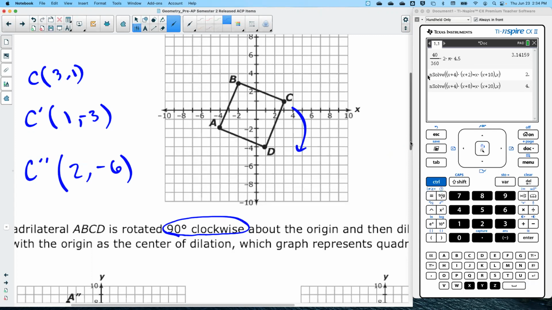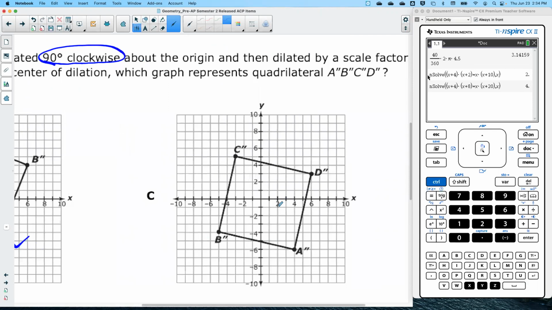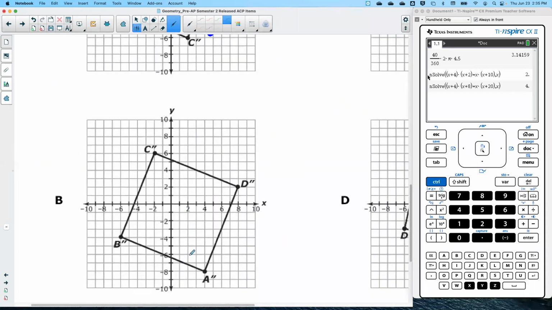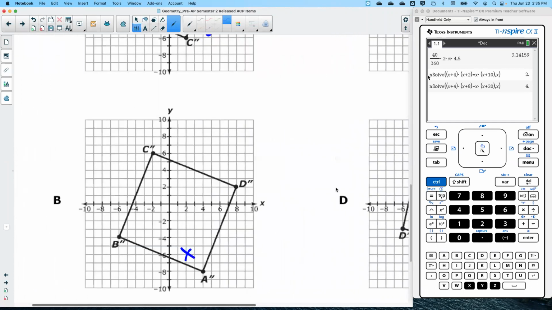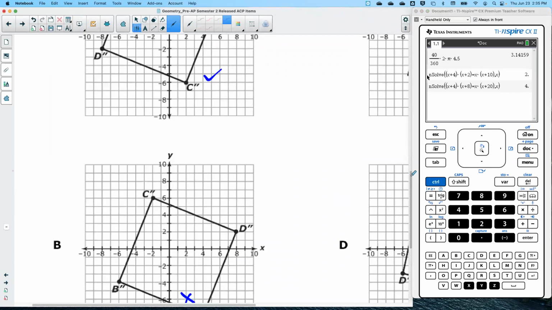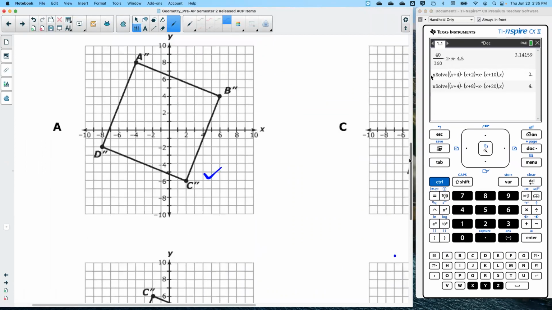We're looking for 2, -6. So the answer is A.